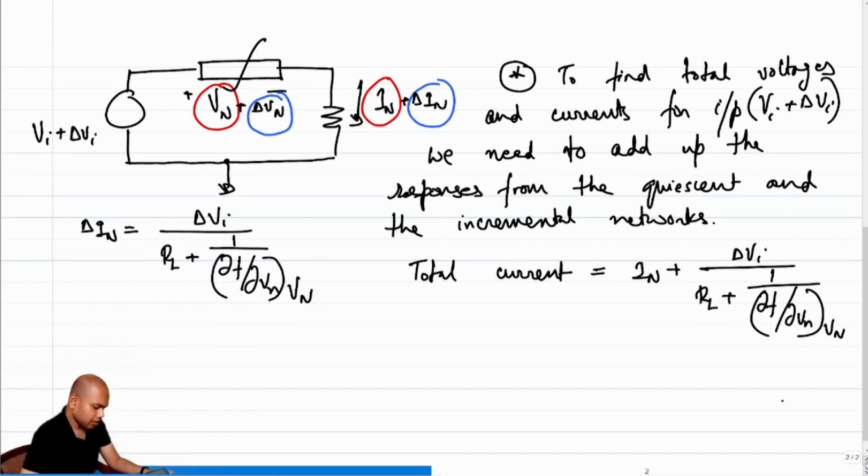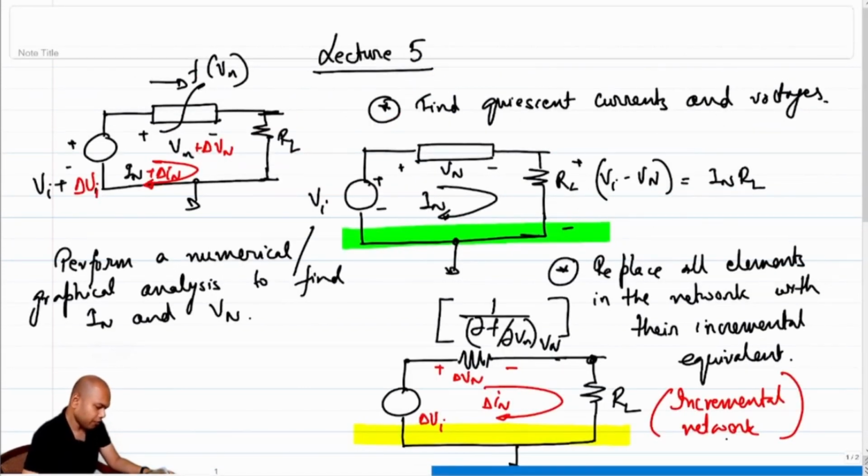So again, at the cost of repeating myself, what did we do in order to figure out the solution of this network? This becomes a three-step process. One, find out the quiescent currents and voltages, or the operating currents and voltages, using graphical or numerical methods. Step 2, linearize the circuit, right? Sketch the incremental network. What is the incremental network?